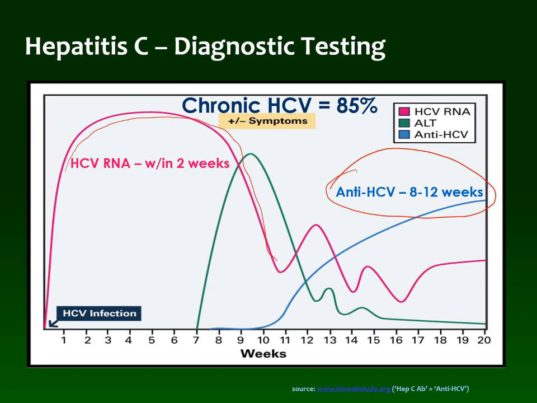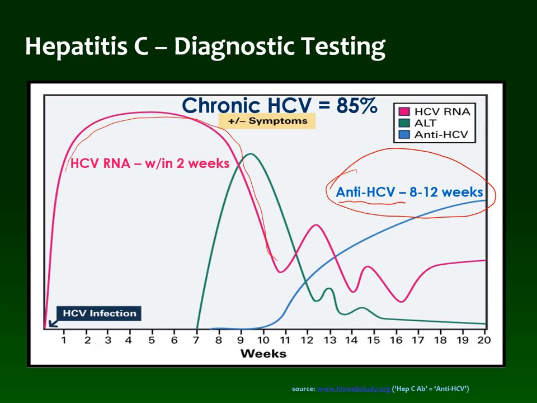You can see here that although the patient has chronic hepatitis C and HCV RNA is still positive, the anti-HCV remains positive, even though you have the virus in the body. So the anti-HCV here is not protective. It's only a marker of exposure.